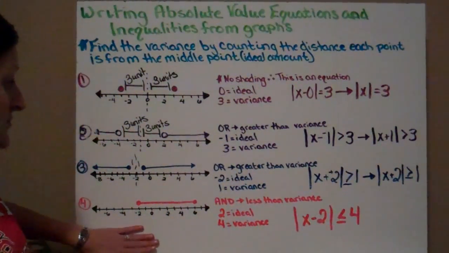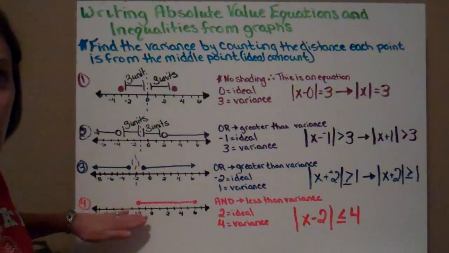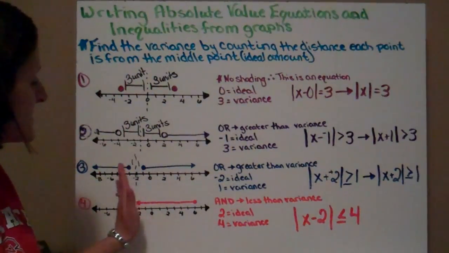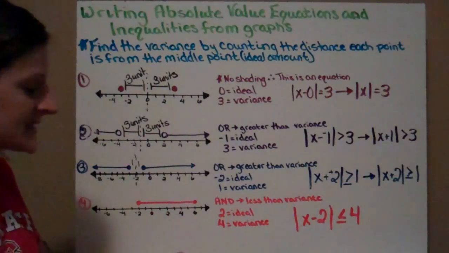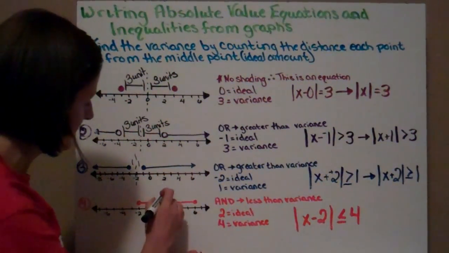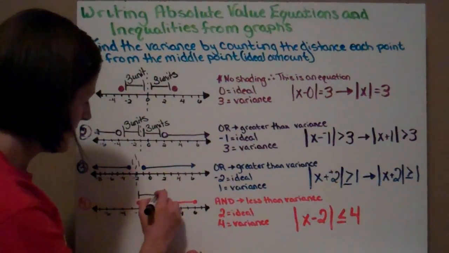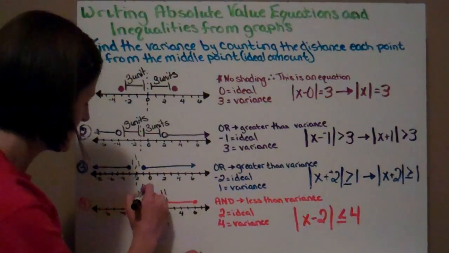Okay, this last one, I have 2 closed circles. Now I need to find the middle between these 2, and since everything in between these 2 is included, it's going to be an AND statement. The middle between 6 and -2 is at this +2. From here to here, I have 1, 2, 3, 4 units.